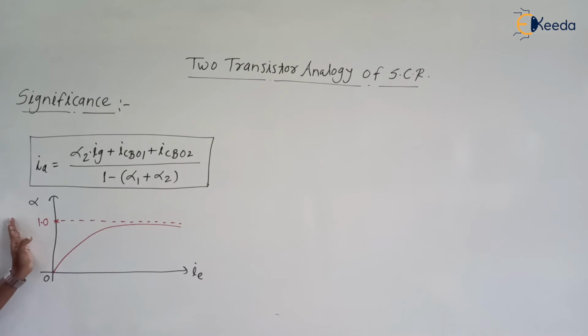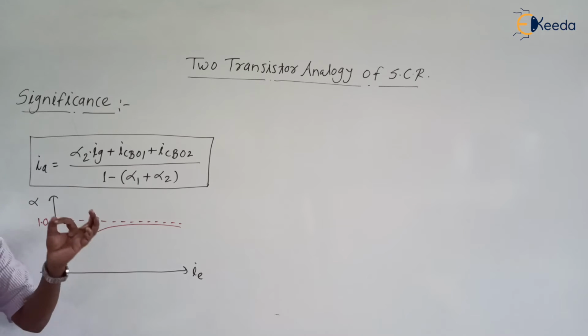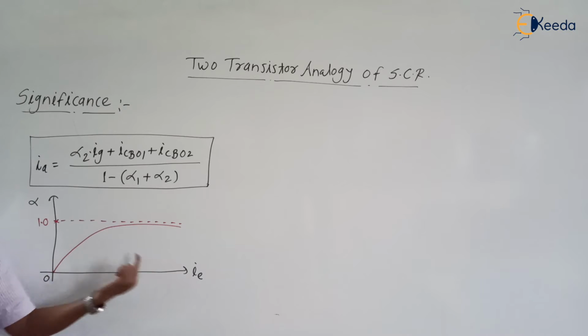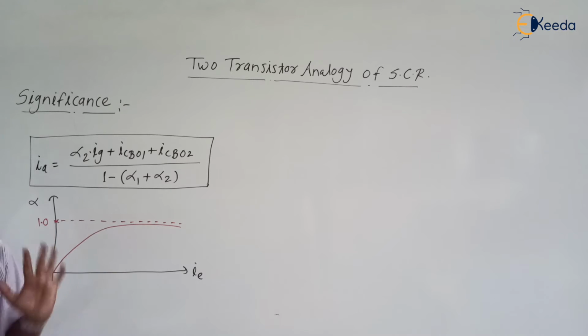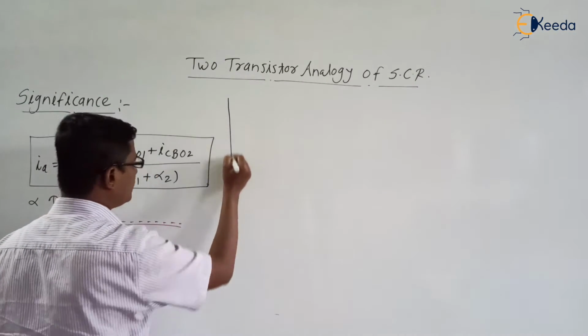This plot between alpha and emitter current is valid for all silicon transistors. From this plot, we can say that if IE is small, alpha is small, and as IE increases, alpha goes on increasing. Are you getting the point? Now with the help of this plot and this expression, we are going to discuss further.